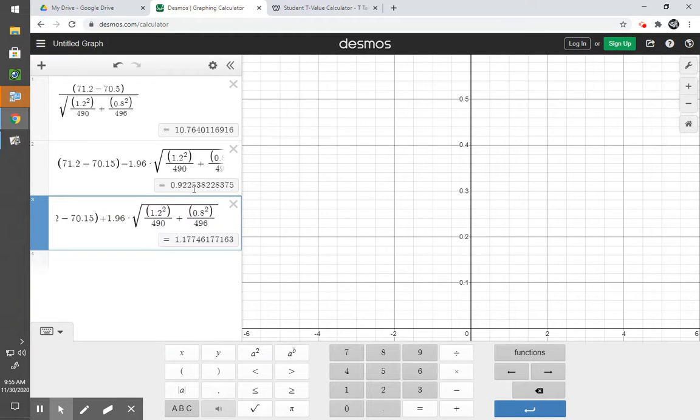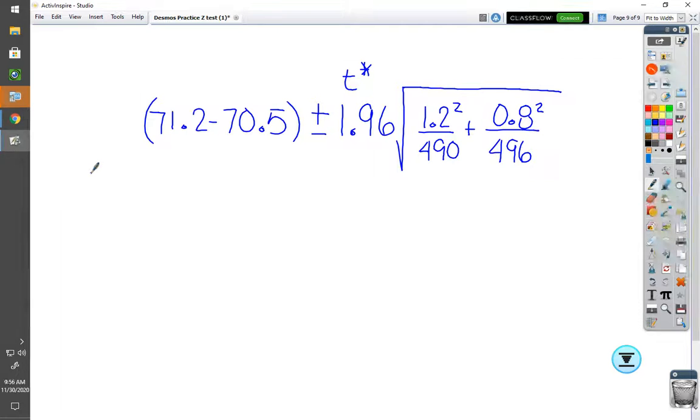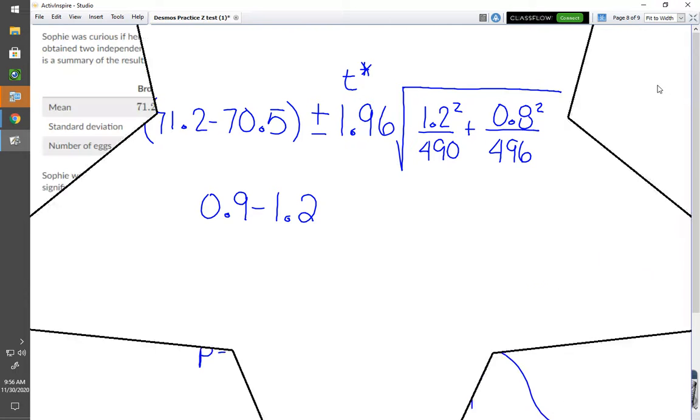My values here are somewhere between 0.9 and 1.17 for my CI of a 95%. So we could call that 0.9 to 1.2. So my CI is somewhere between 0.9 and 1.2.